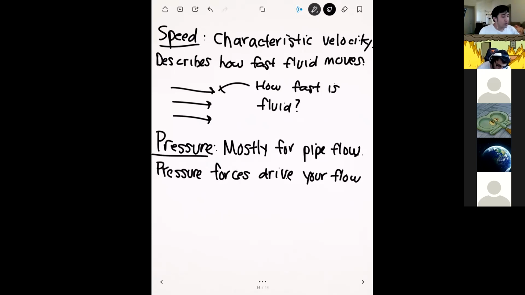Okay. So you can think of this, from a solid mechanics point of view, as your driving force. Whenever you have a dynamic system in motion, it's always good to know what's the force that's driving this motion. So for fluids, the equivalent of that is pressure. So it's always good to know how your flow is being driven.